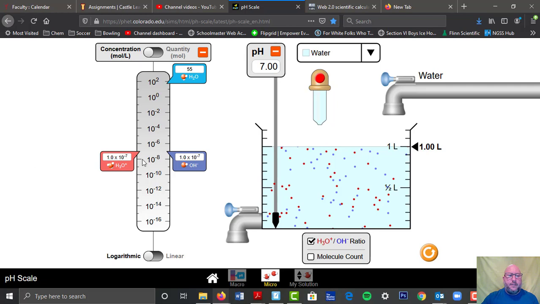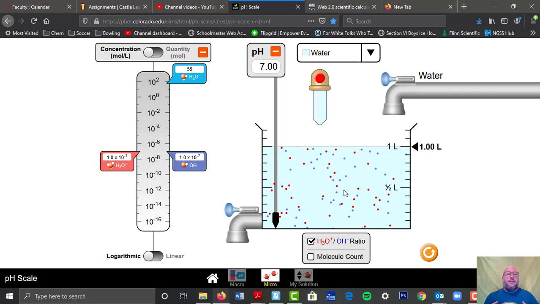And if you look off to the left, you'll see that there is a concentration that's given for the hydronium ions in water and the hydroxide ions in water. If we look at the concentration of each of those in milliliters, you see here that there's an equal amount of the hydronium ions, which are the red dots, and the hydroxide ions, which are the blue dots. So you have an equal amount of hydronium ions in water and hydroxide ions in water.